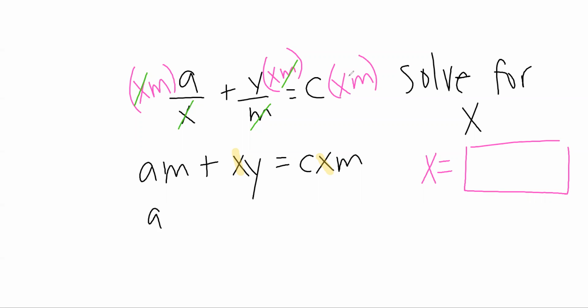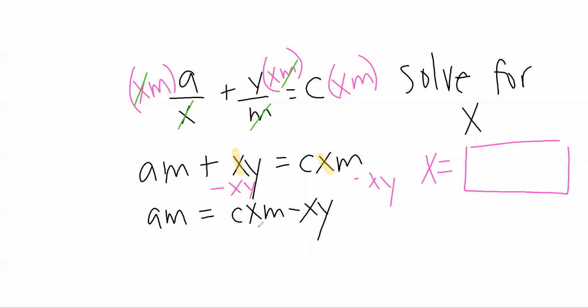I have am equals cxm, and I'm going to subtract this xy term to move it to the opposite side, using my inverse operations. So I'll have minus xy on both sides. Now my x terms are on the same side, so it's a little easier to isolate them.